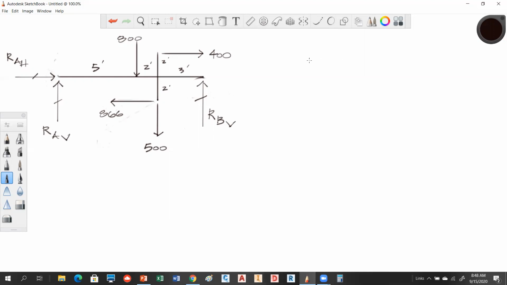So I'm going to do a sum of forces in the x. I'm going to start out with x. We should really get my sign convention going so that you're aware of that. All right, so in the x, we have RAH, and that has to be 0. What else is going on there in the x?